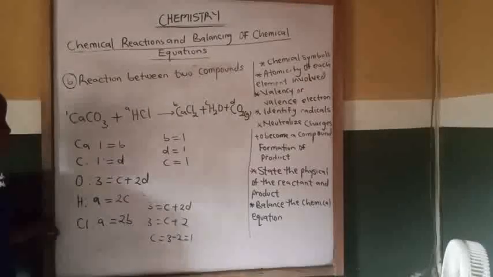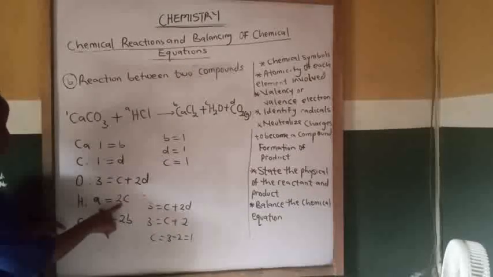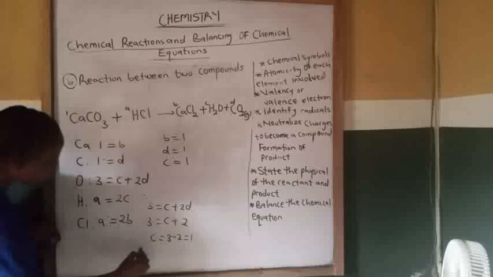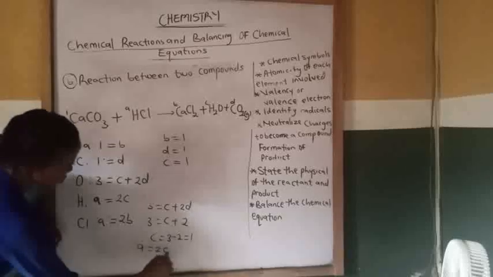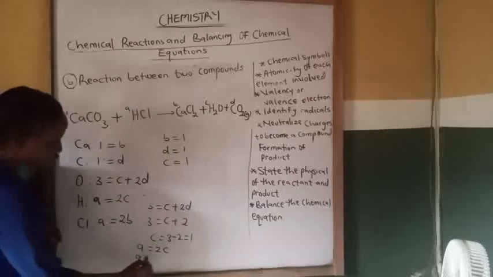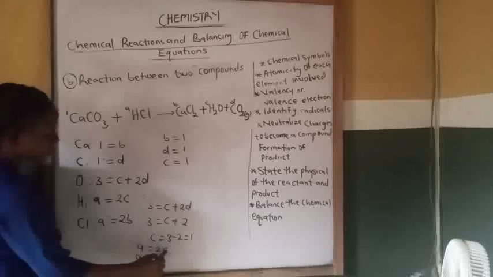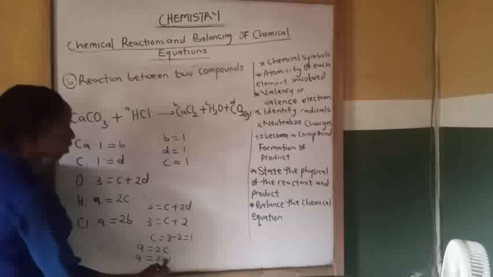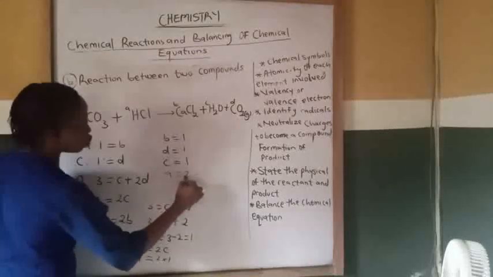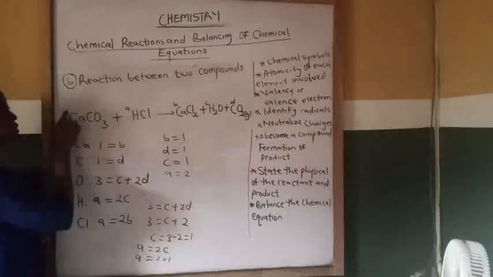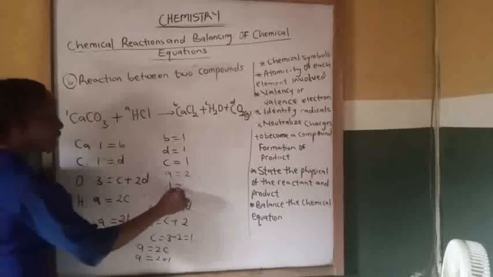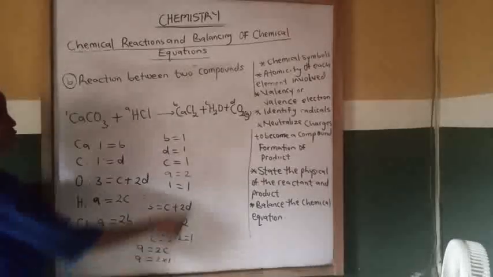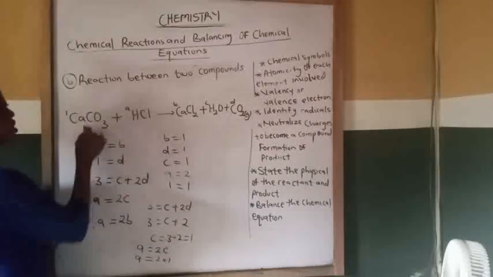Then the next one is A. A equals 2C. What is my C? C equals 1. That's 2 times 1. So A equals 2. Then the coefficient 1 remains as 1. So let's substitute these values into this equation.